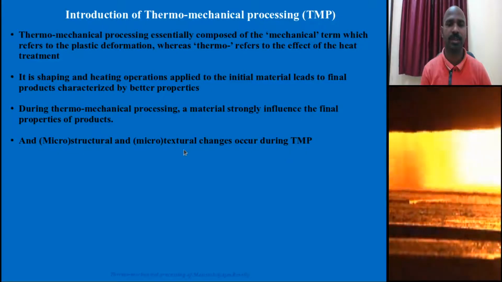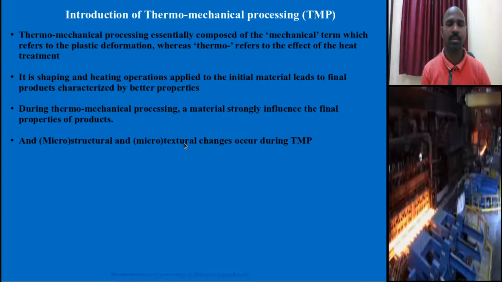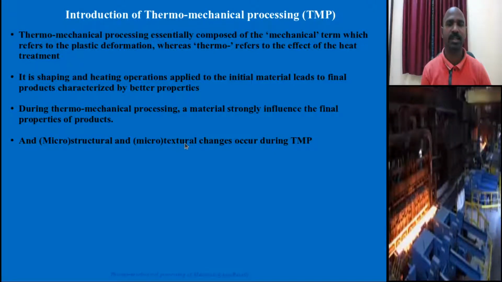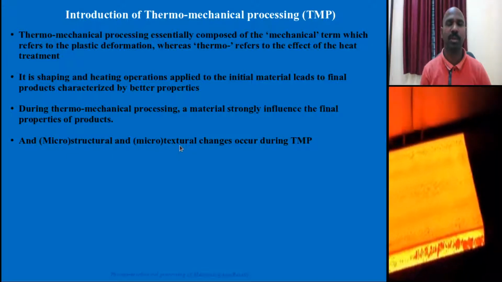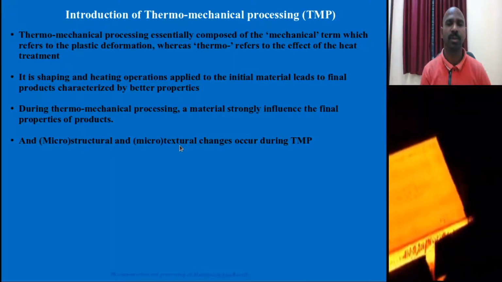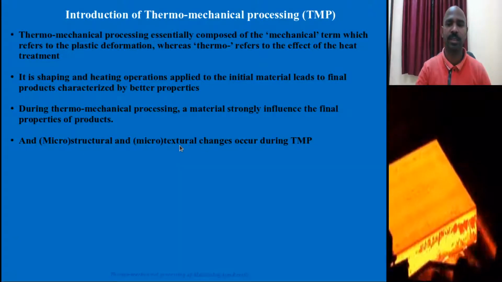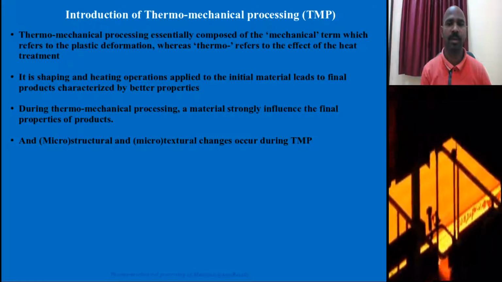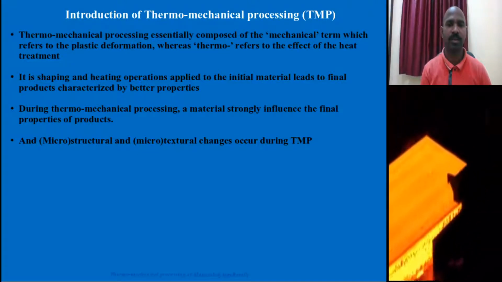So what do you mean by microtexture? Texture is nothing but appearance in simple English. In the case of microtexture, it means the combination of Miller direction and Miller plane, for example, the 111 close-packed plane and the close-packed direction.